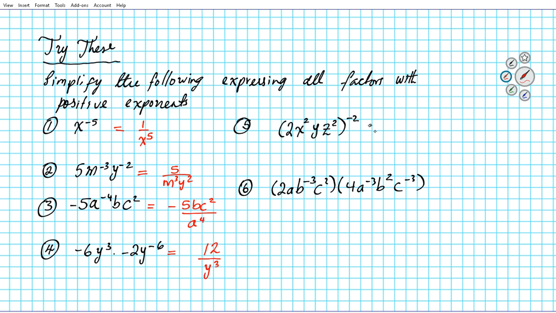Okay, for number 5, the answer is 1 over 2 squared, which is 4, x to the 4th, y to the 2nd power, z to the 4th power. And then for number 6, the answer is 8 over a square b c.